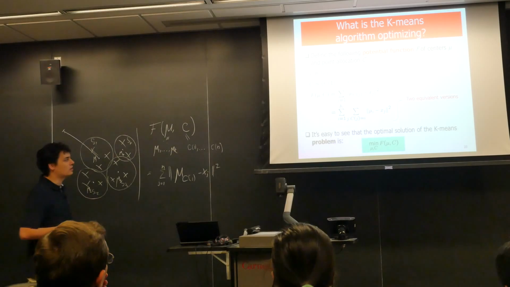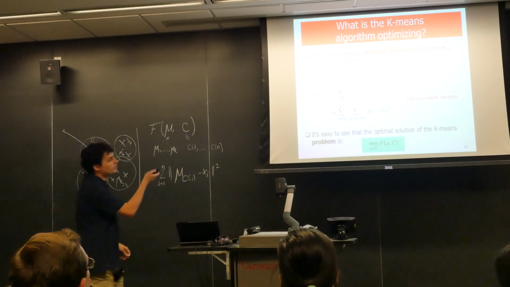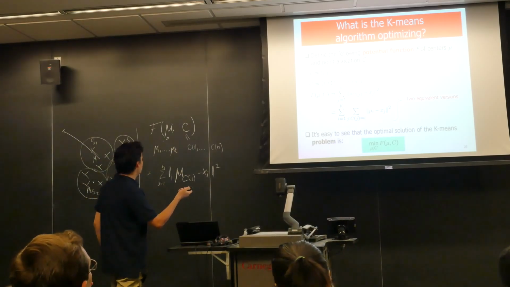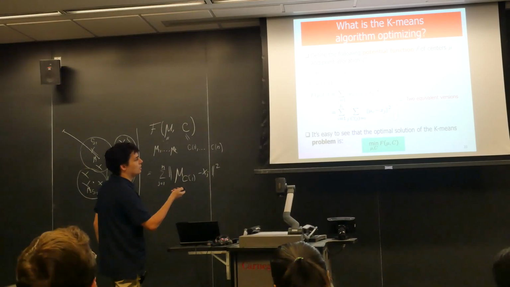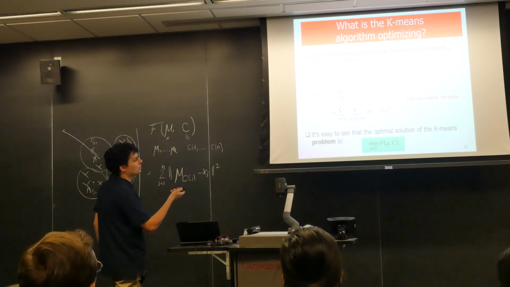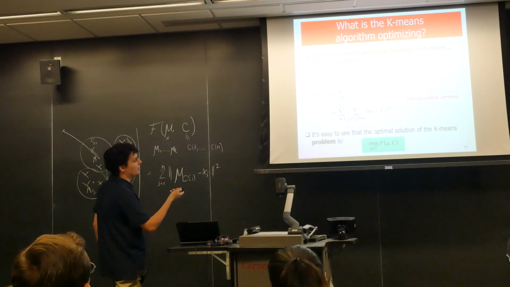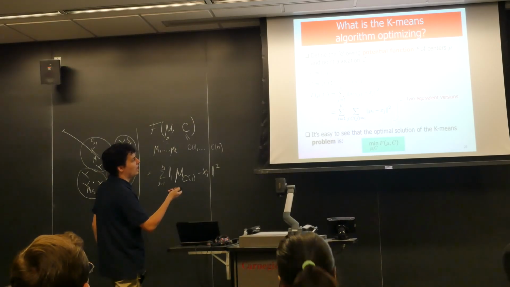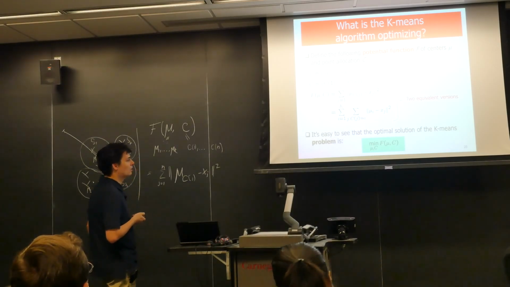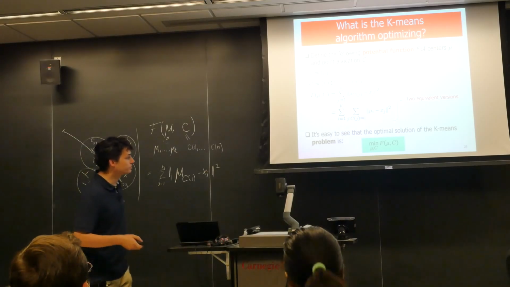So that's my potential function. I could rewrite this potential function this way: I group those instances that belong to cluster i, and then sum from i equals 1 to k. So this is the potential function.